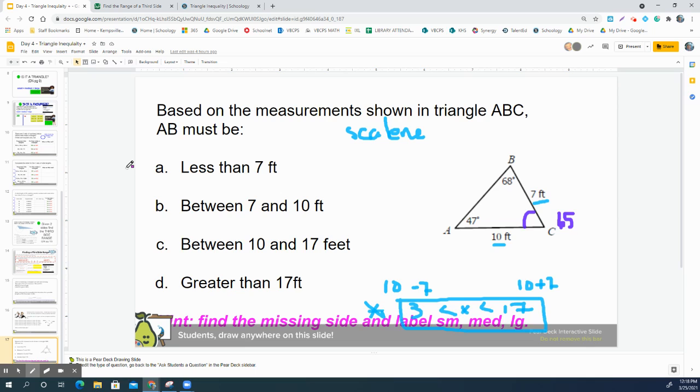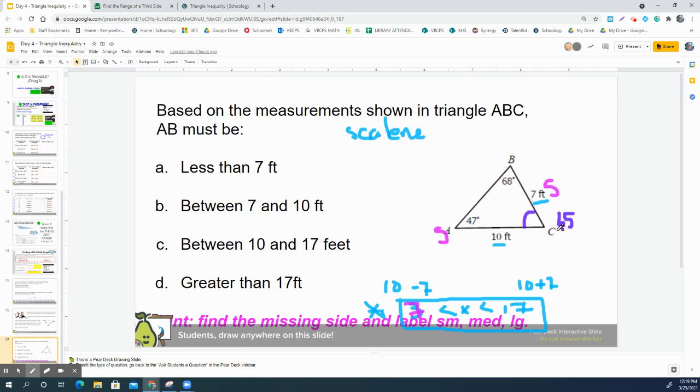Small angle is always opposite the smallest side. So of my three angles, 47 is the smallest, which means 7 has got to be the smallest. So it can't really be 3. The smallest it can be is 7, right? Because that's the small side.